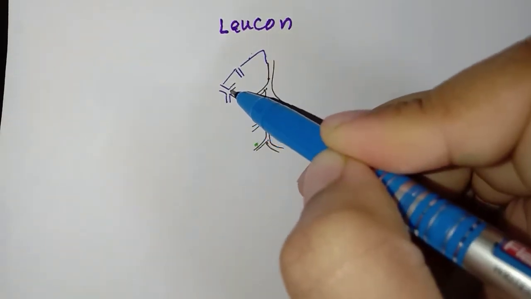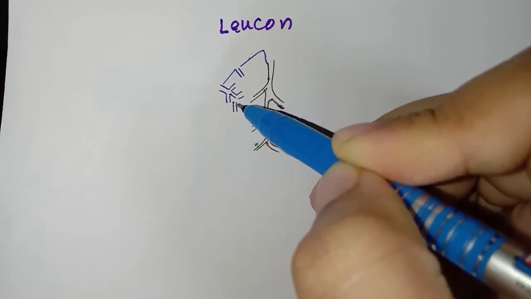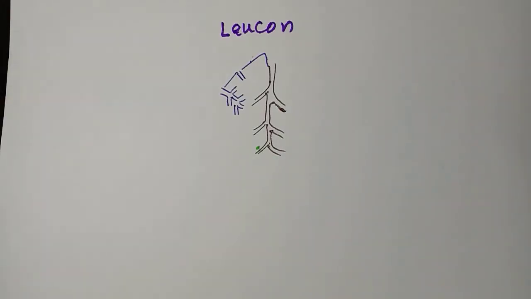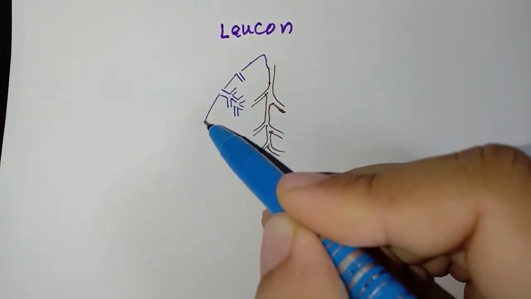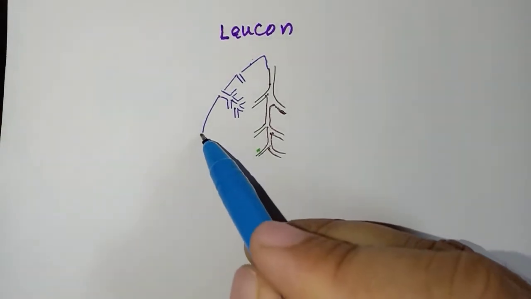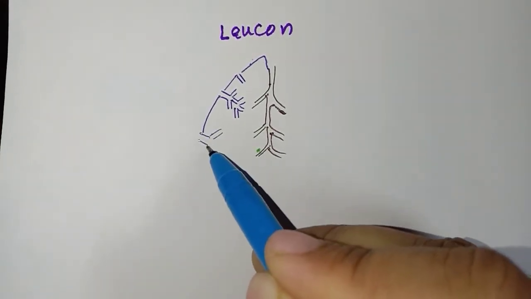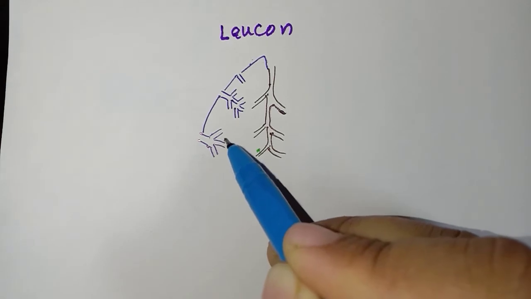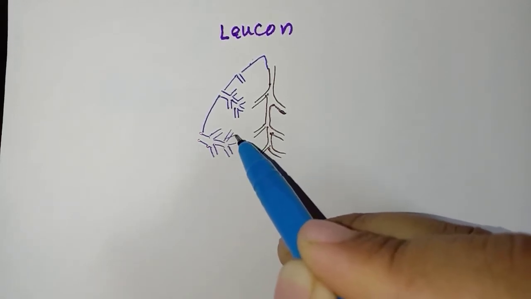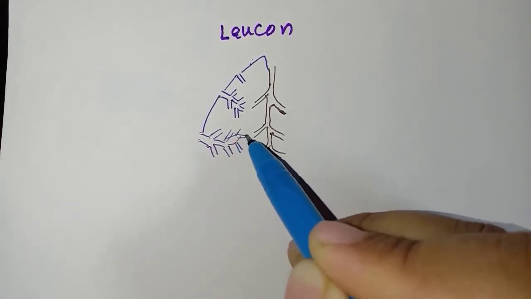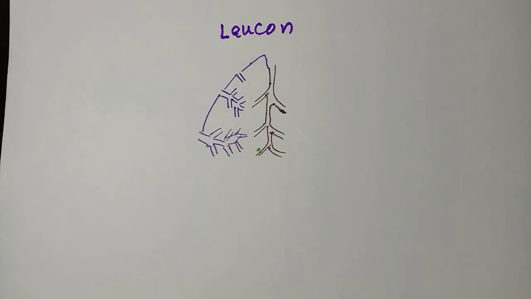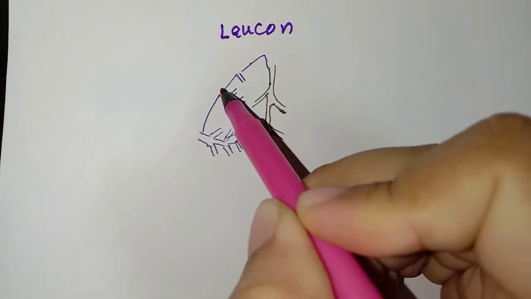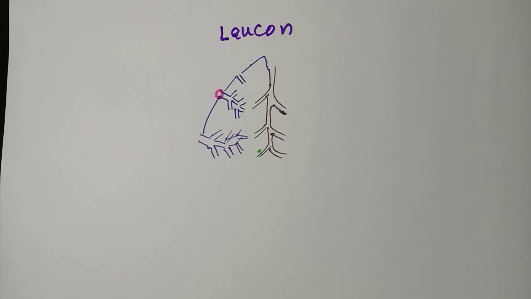Now let us see what those structures actually look like. In this Leucon type of canal system, I will show in detail. First of all, the water will enter into the body with the help of some small opening. You can see that opening.